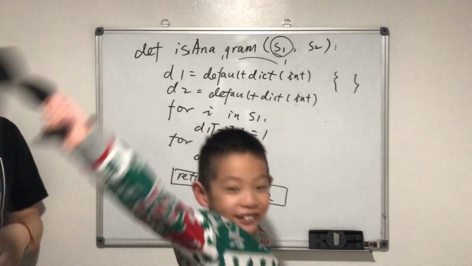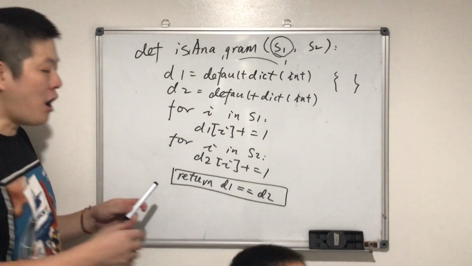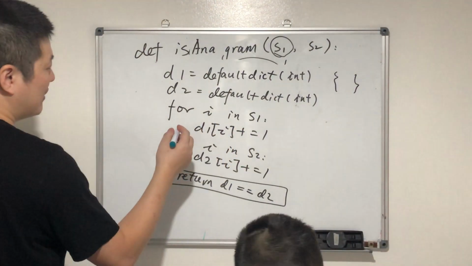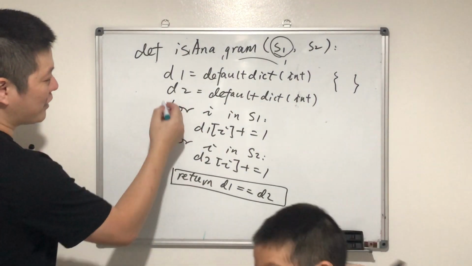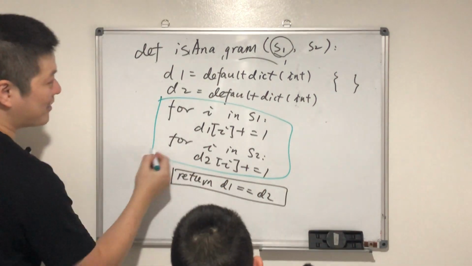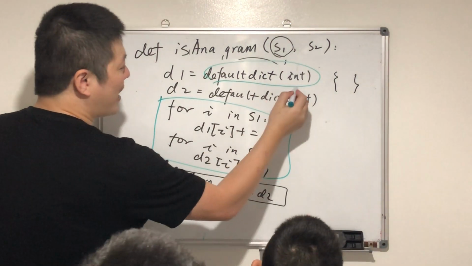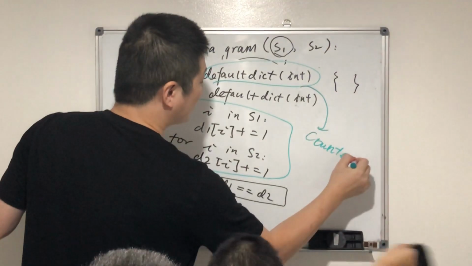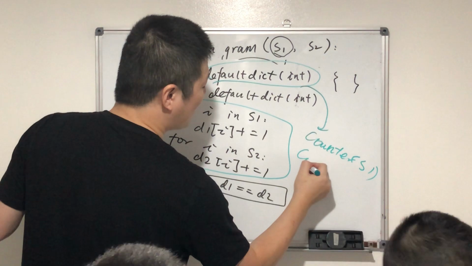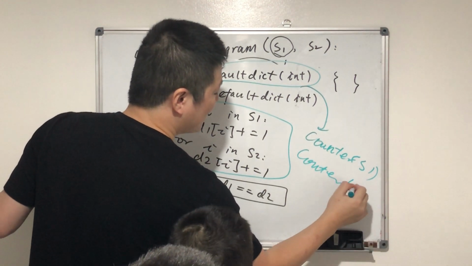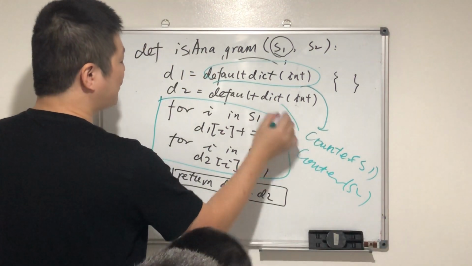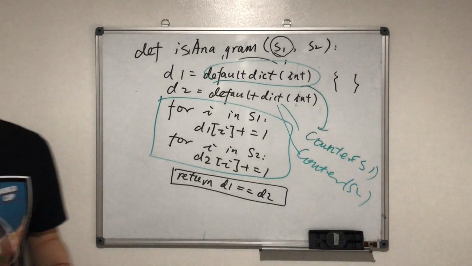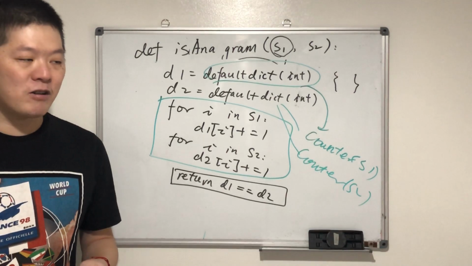Remember, we have the shortest one, number 2. You don't need this, and you just need to replace this using Counter S1, Counter S2. So these two methods are the simplest. Pick one and then code it on your computer.